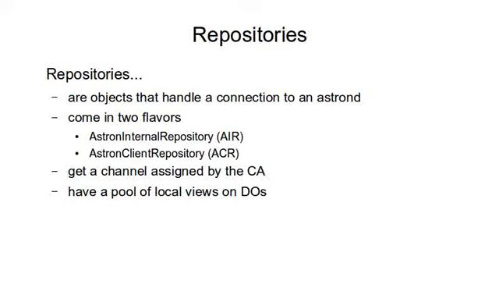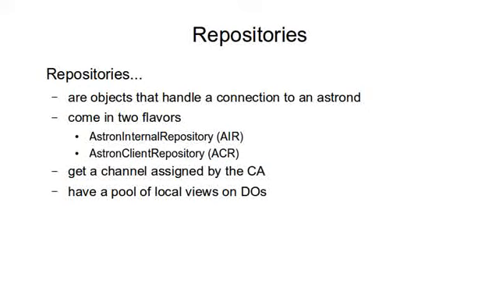As Astron client repositories are used by clients, they are considered inherently untrustworthy and as such are subject to security checks. Any kind of transgression detected by these checks is answered with an immediate termination of the network connection. Nobody likes a cheater. Astron internal repositories choose their own channel at which they can be reached, while Astron client repositories get their channels assigned when a connection is made.